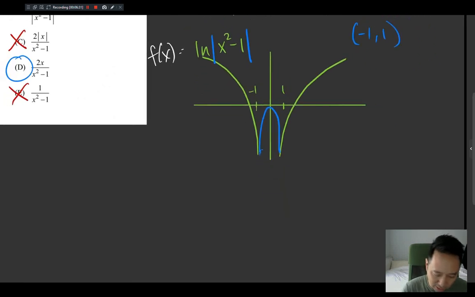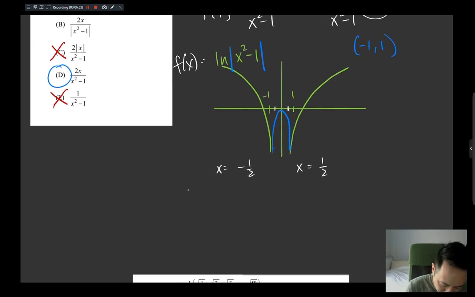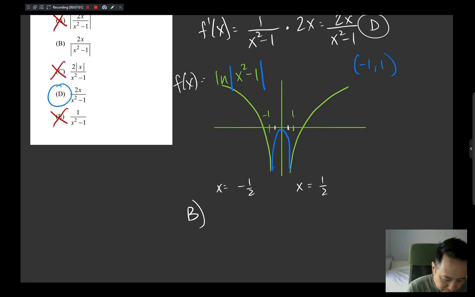Let's choose an example. Let x equal -1/2, and let's also let x equal 1/2. I'm talking about right here and right here. Now my slopes have to match that blue curve, right? So if it was choice B, remember, these are my slope choices, then I'm looking at B right here.